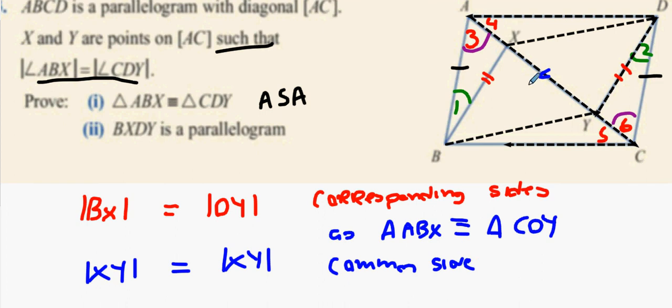I'd love to prove that this angle here, angle 7, equals angle A. That would give me an ASA, wouldn't it? Because we know that triangle ABX and DCY are the same. Angle 7 and 8, they're both in a straight line. So if you put in angle 9 and angle 10, excellent, perfect.